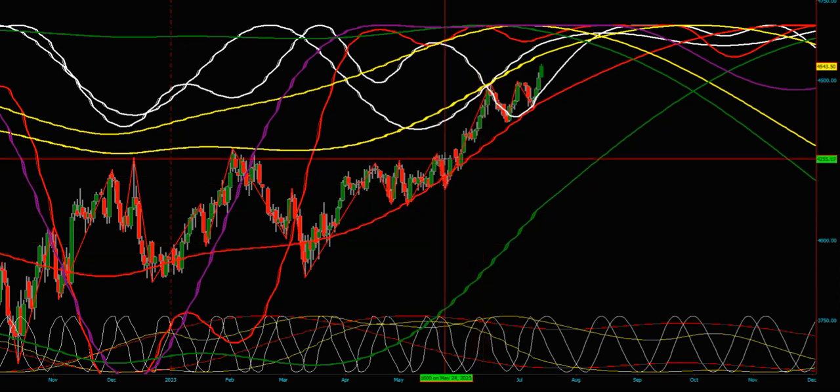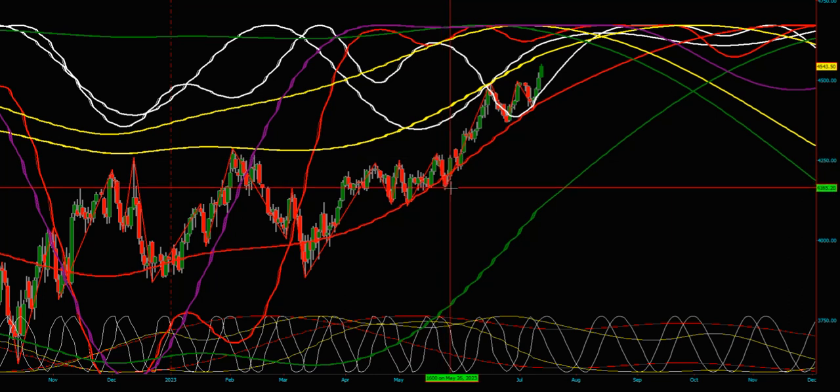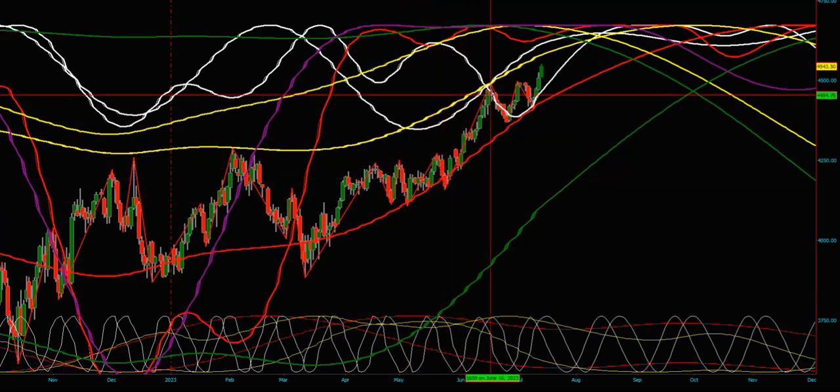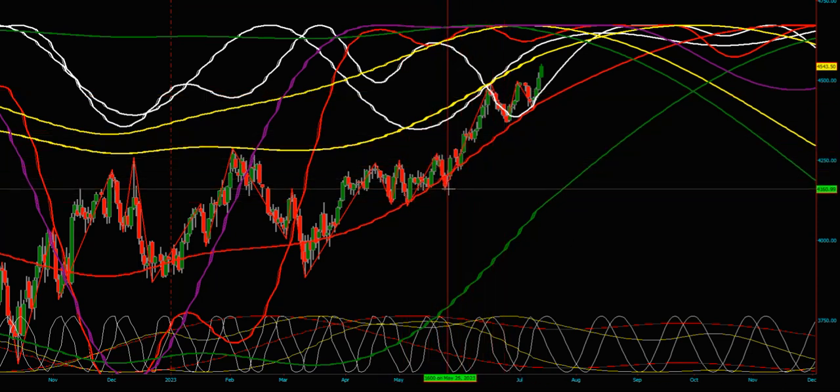So these are 100-point moves. This is a 200-point move. This is a 300-point move, right? So, all right. This is the case in point here. Look at these energies, 1, 2, 3, 4 on the top.